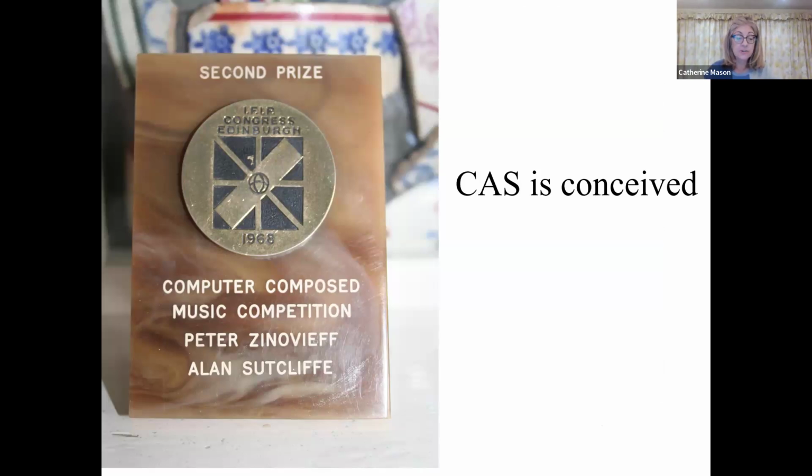And as you can see here in the photograph, which I have to thank James Gardner for, I think he's in the audience, so thank you, James. It's a super photograph of this prize, which was won by Alan Sutcliffe and Peter Zinovieff. They won second prize for their computer-composed piece of music called ZASP.